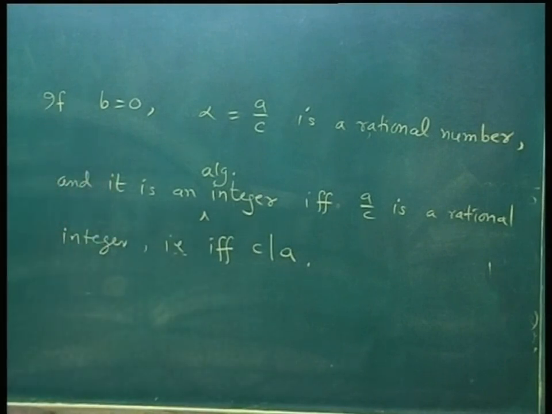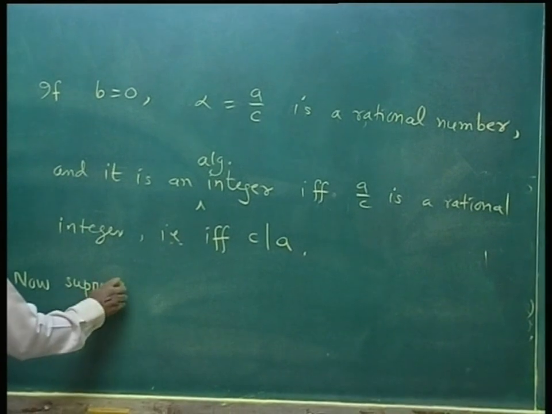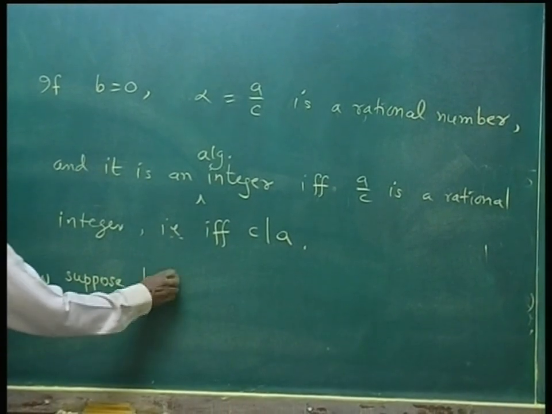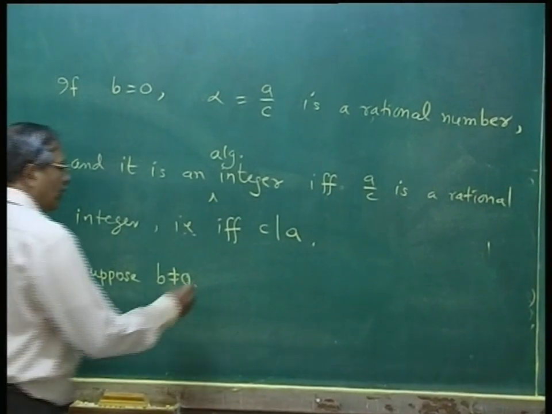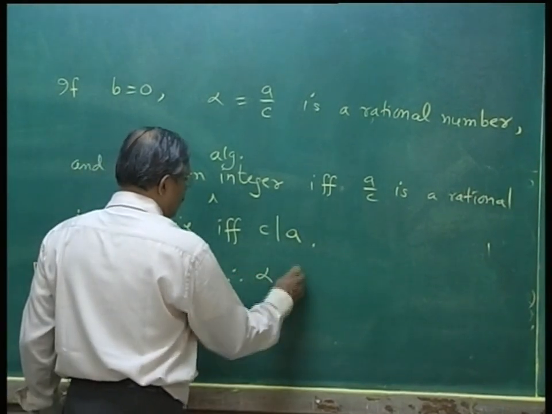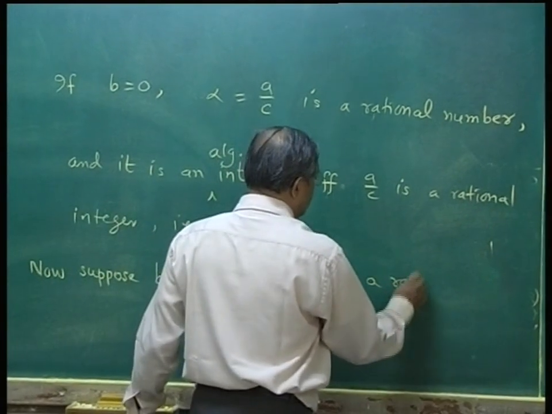So if b equal to 0, then what are the algebraic integers? They are of this form only. They are rational integers, usual integers. Now suppose b is not equal to 0. If b is not equal to 0, then alpha is not a rational integer, not a rational number even.